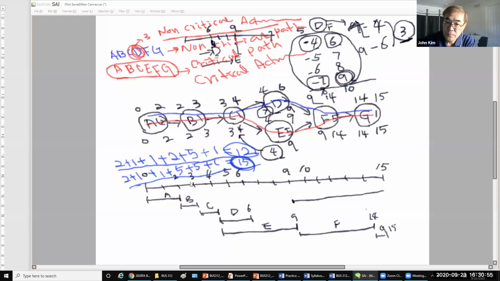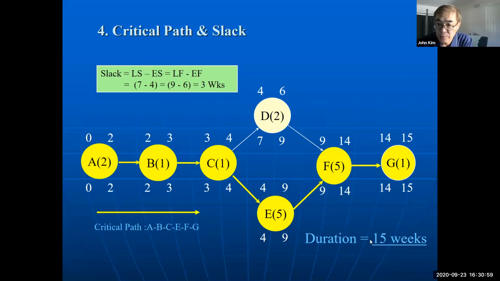The project completion time is the same as the critical path duration, so the duration is 15 weeks.